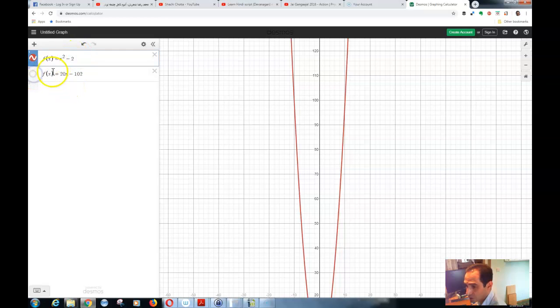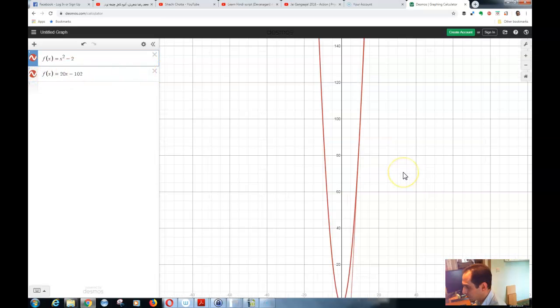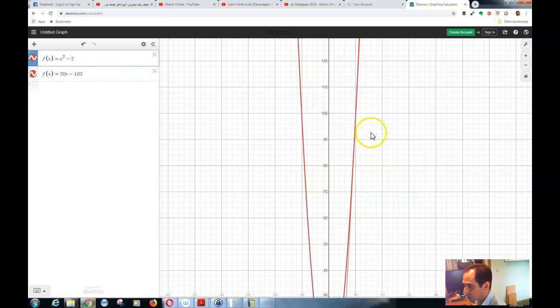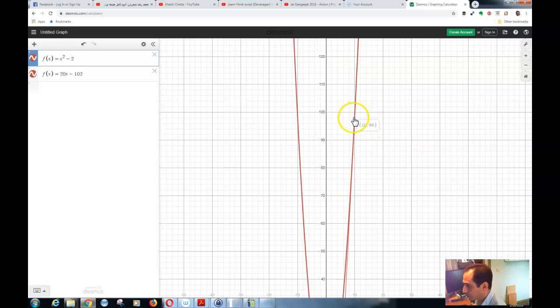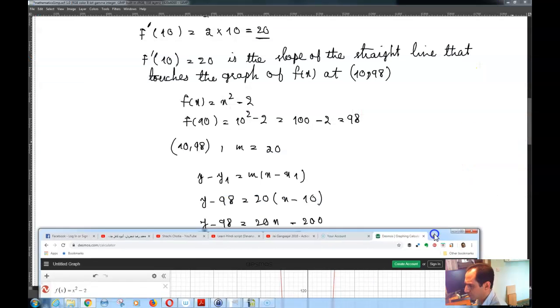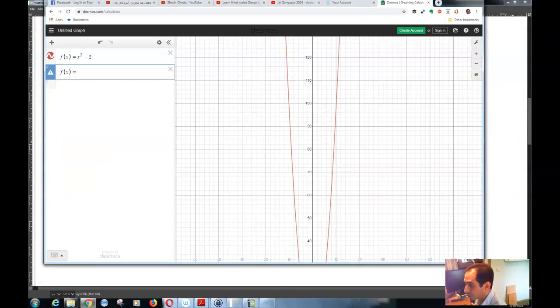If I change the color over here, there's no way to change the color, but you can see f of x is equal to what? 20x minus 102.